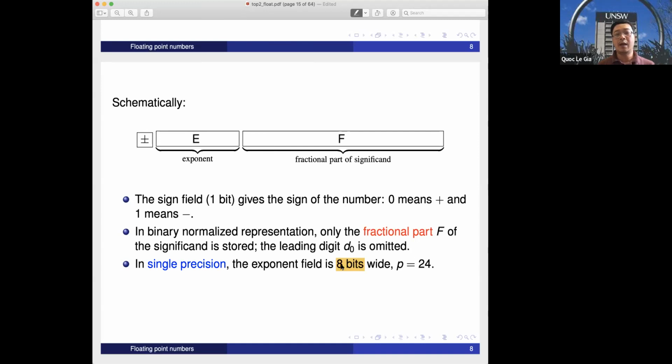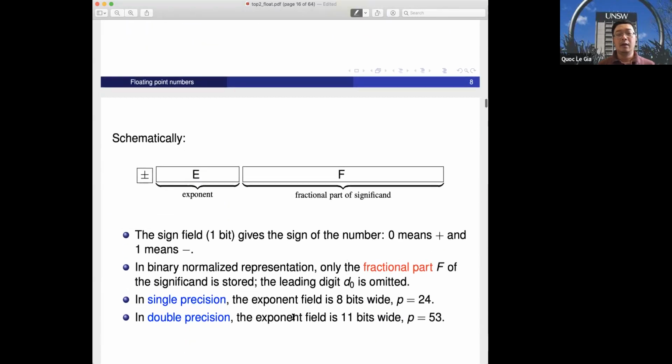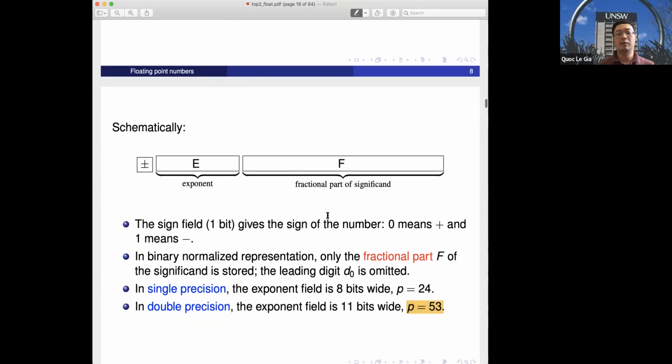So 23 plus 9 is 32. But in double precision, you have 11 bits for the exponent, and so therefore you have P equal 53. This means that you have 52 for the fractional part of the significand. So 52 plus 12 is 64. So 64 bits for one single number.